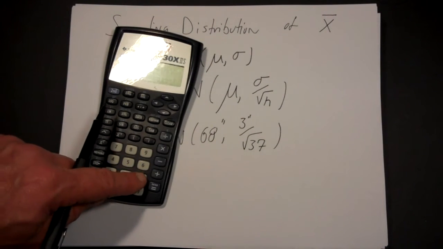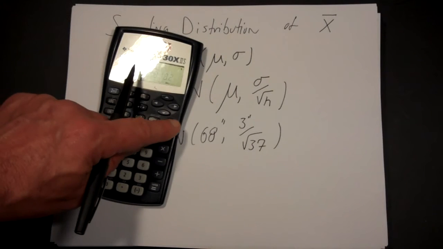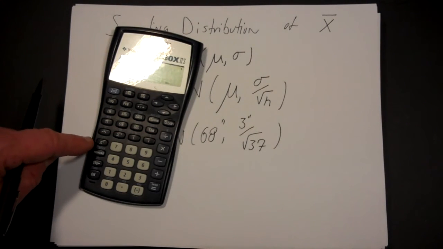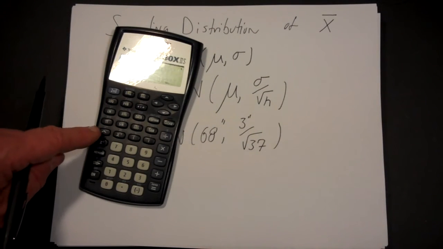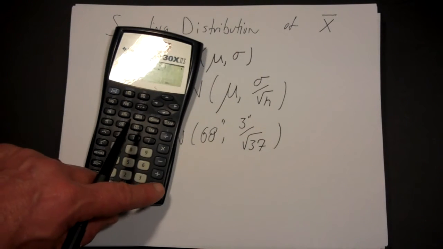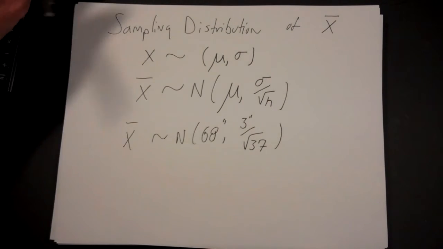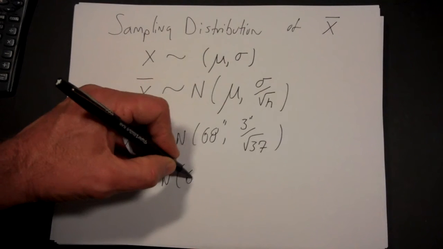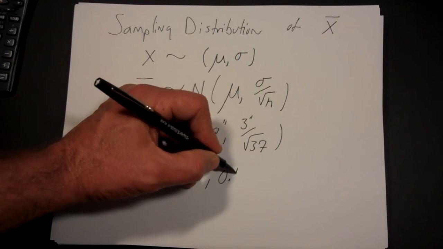What I would do is go 3 divided by, in parentheses, 37 raised to the 0.5. That's the way I do square roots. And that's roughly 0.49. So x bar is normally distributed with a mean of 68 inches and a standard deviation of 0.49.